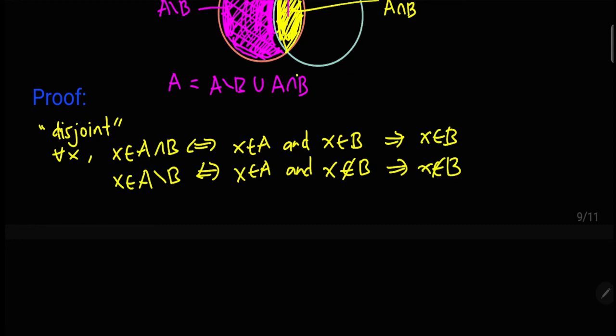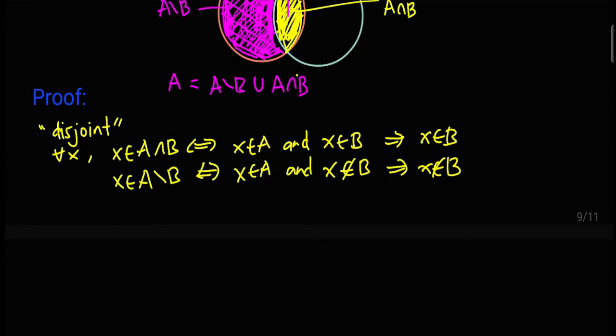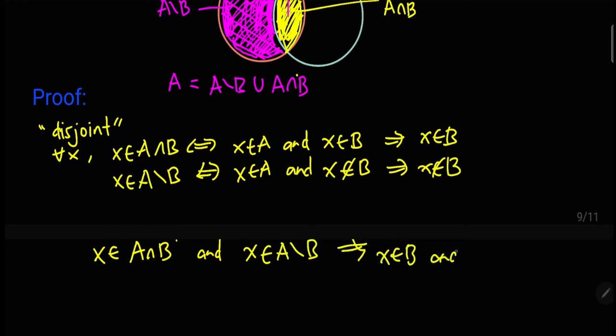So now we have two contradicting statements. For x to be in the intersection, x must be in B, and for x to be in the complement, x is not in B. So if we combine those two statements, if x is in A intersection B and x is in A except B, then we will have the statements x is in B and x is not in B. But we know that these statements mean that x is in the empty set.